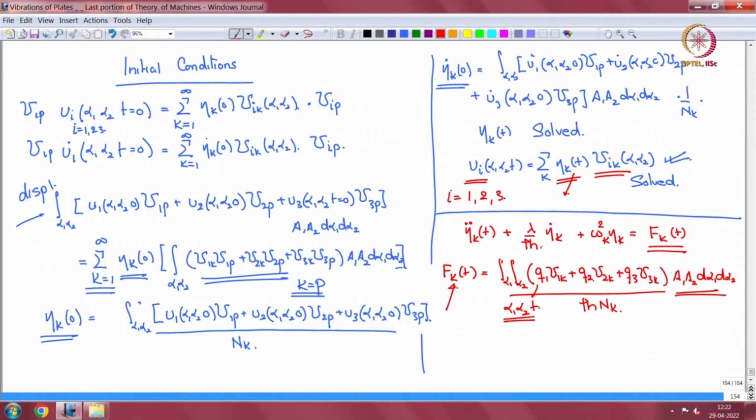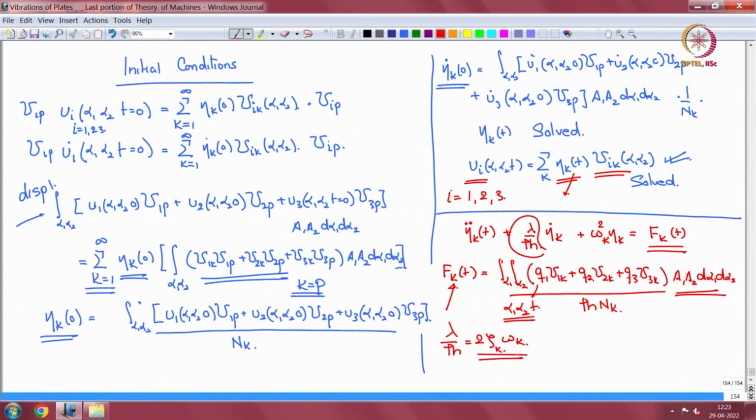Now to put it in some familiar form, we say that lambda by rho h is twice zeta k omega k.